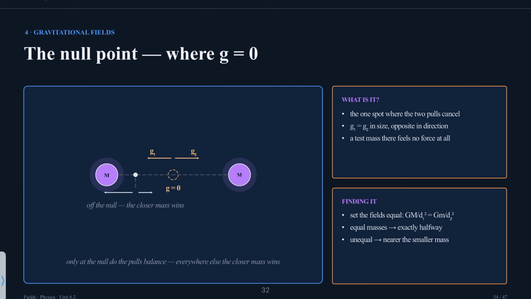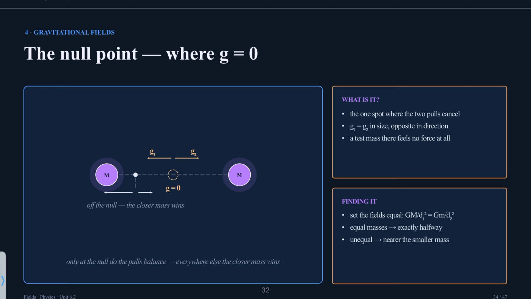Okay, so similarly, there's a null point where g is equal to 0. It's very similar to the questions I was showing you regarding Coulomb's law and charges, right? If you put a charge in the middle, given that they're both the same charges, like both positive or both negative, then this charge isn't going to move because the forces are going to cancel out. Same thing here.